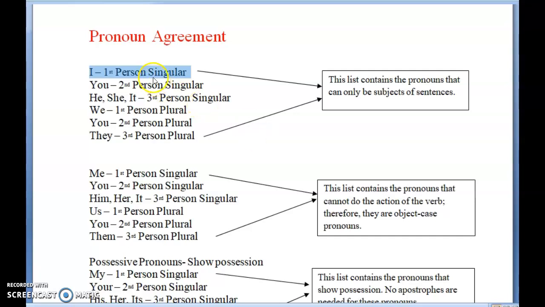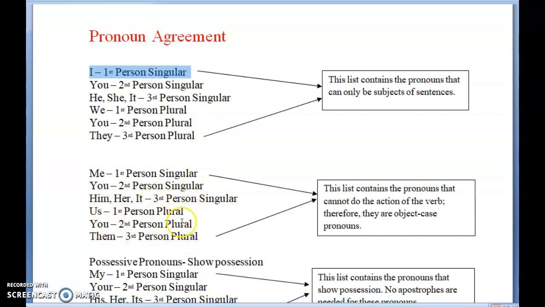You use first person point of view when you're talking about personal experiences. You give second person point of view when you're giving directions or a command, and third person point of view when the emphasis is placed on the subject. So these are the only pronouns that you can use that will be subjects of sentences and clauses.